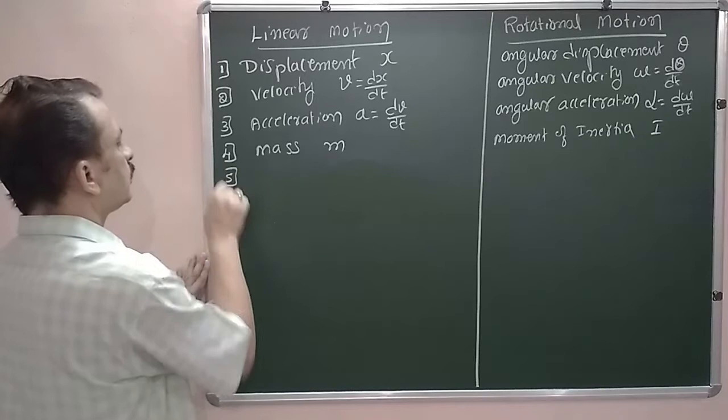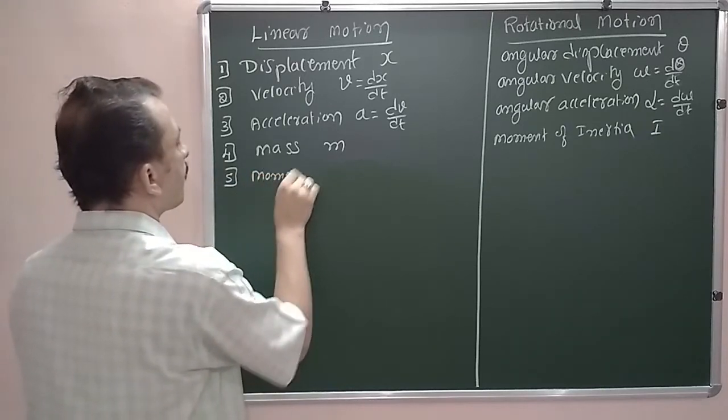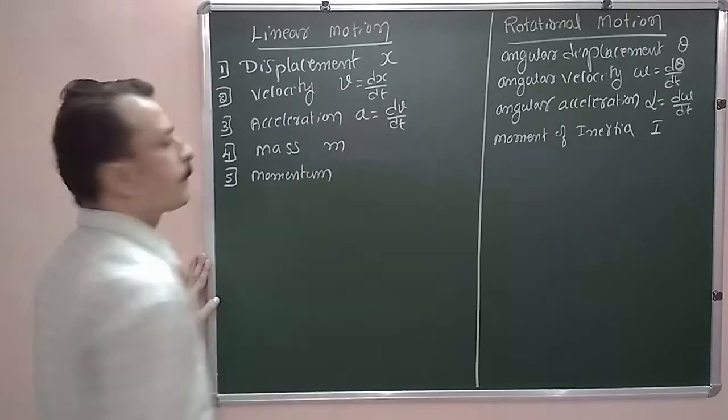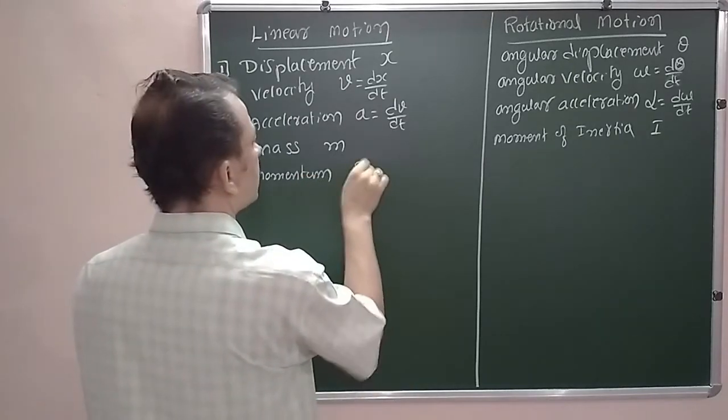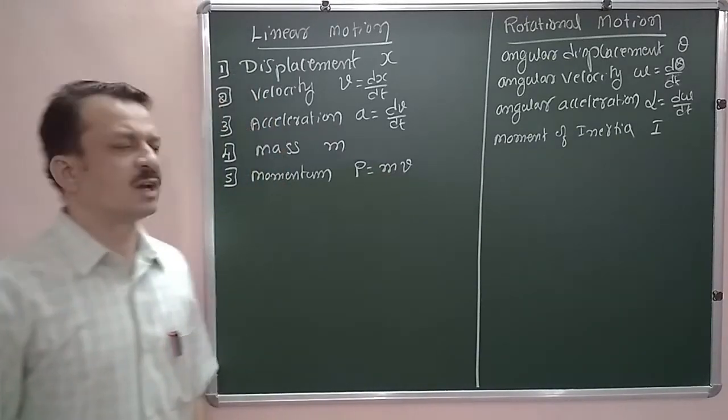And the fifth one, linear momentum. Linear momentum is given as P is equal to mass into linear velocity.